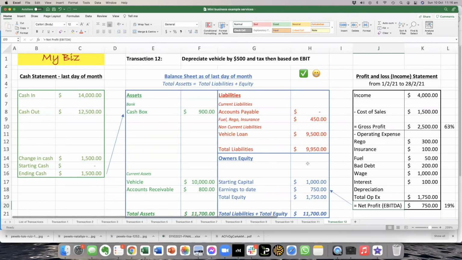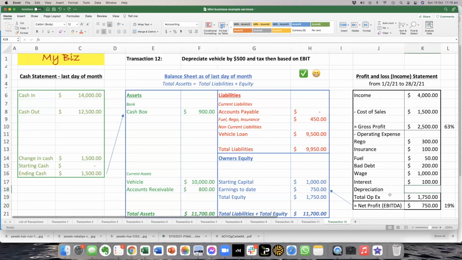Now, if we had put $10,000 on here, let's say this was when we first bought it, and instead of saying depreciation it said vehicle, and we expense it, that's the other way, you either capitalize it or expense it, $10,000, then the performance of our business looks horrible. We don't get to pay any tax, so you don't pay tax on negative numbers, but it would be very unhelpful in terms of the information it provided.